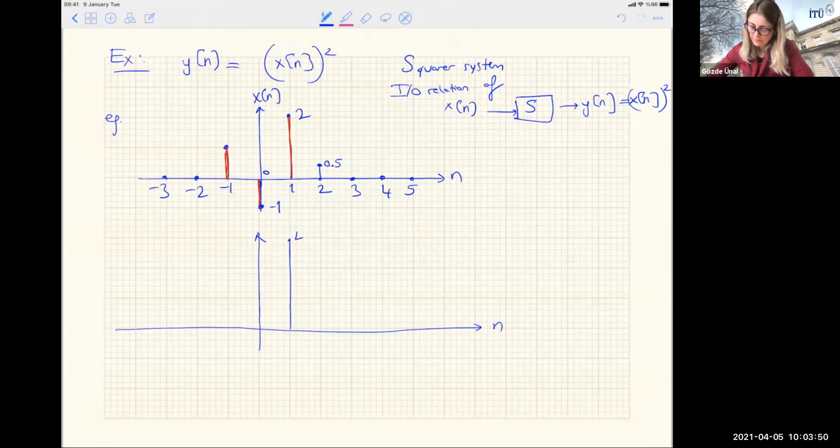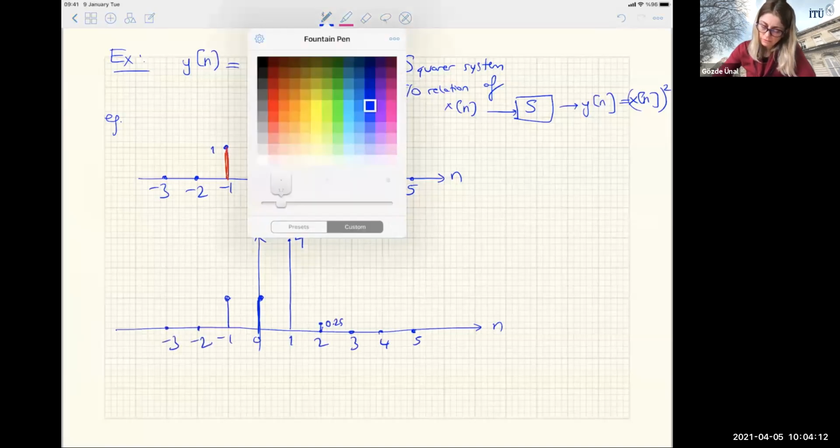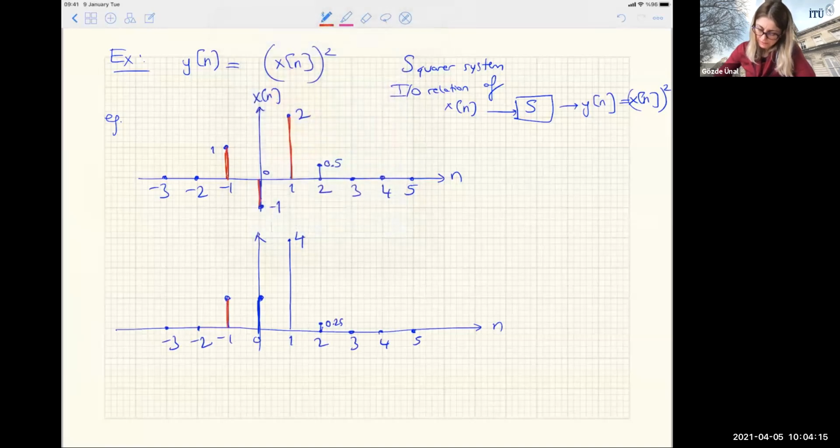So let's just say this guy will be 1, this was 1, this 1, 0, 1, and this will be 0.5, 2, and it's 0 everywhere else. So it was really easier to calculate in this case. Maybe let's again show it in this case here.